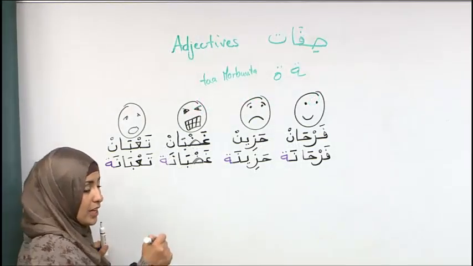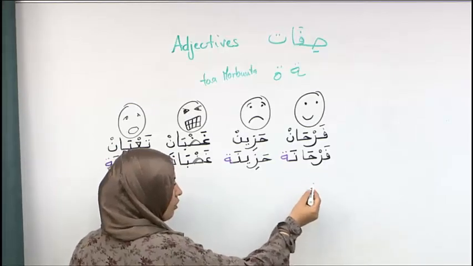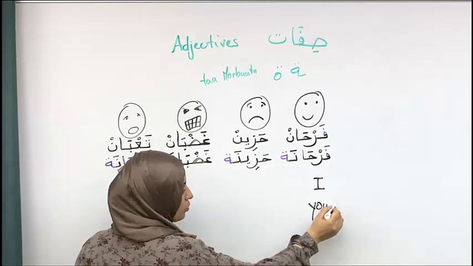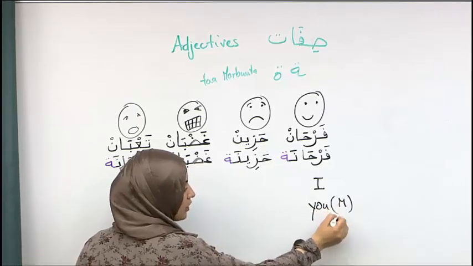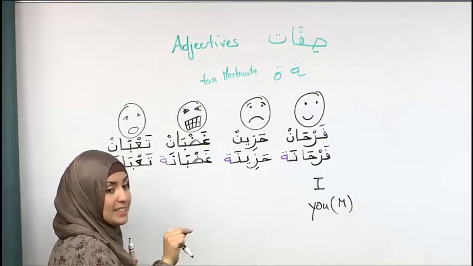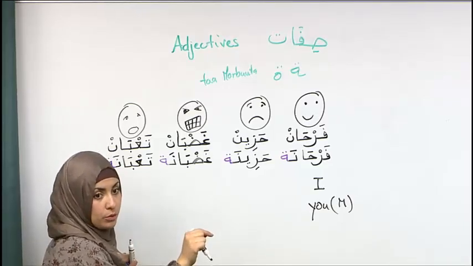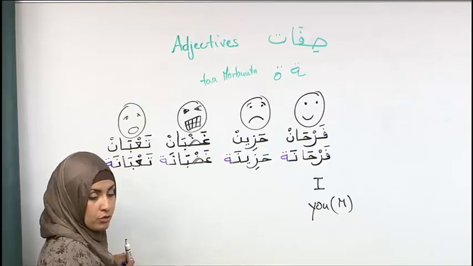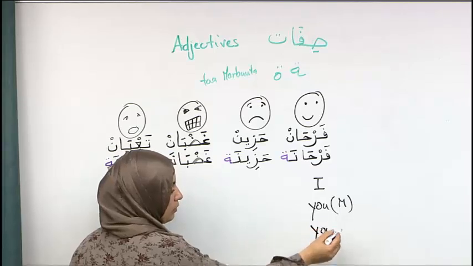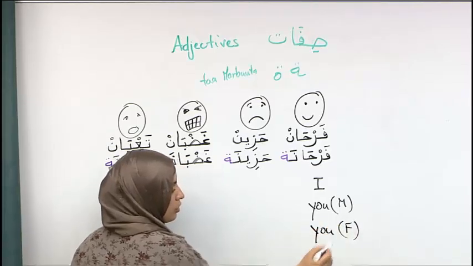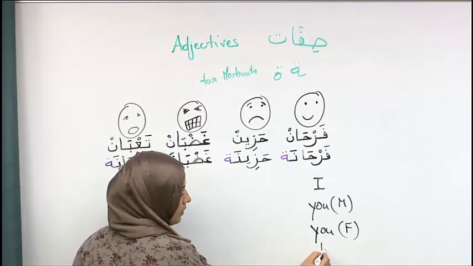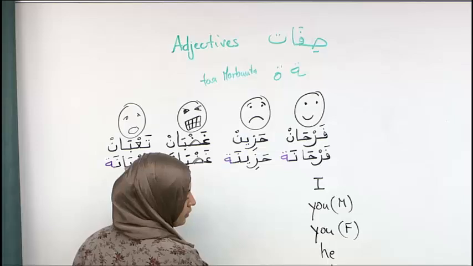So in order to say I am happy, we have to learn how to say I am. First we're going to learn how to say I, you male. If you're talking to a male, you address him as أنت. Remember, what's your name and you? You takes the gender of the person you're talking to. Unlike English, where you would use you for both male and female. You for female, he and she.